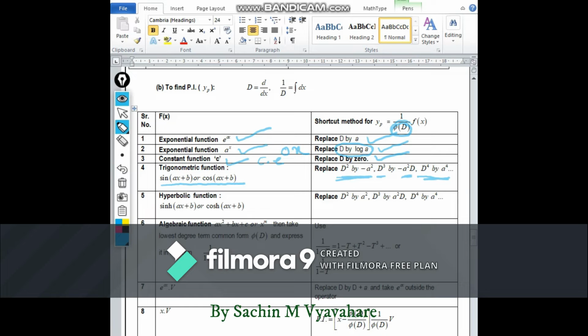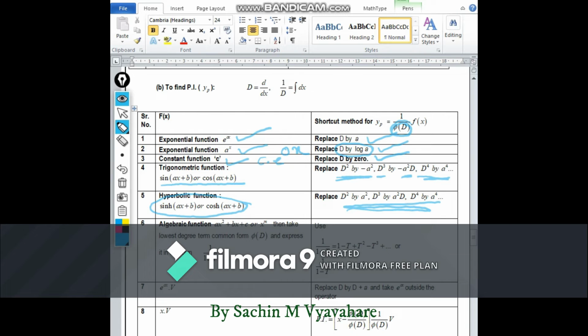So in short, replace only D square by minus a square and keep D as it is. A similar thing applies to the hyperbolic functions sinh x or cosh x. Instead of D square by minus a square, we replace D square by plus a square. That is the change. So that is about hyperbolic functions. Remember, most examples in the exam come from exponential and trigonometric functions. Rarely will a hyperbolic example come.